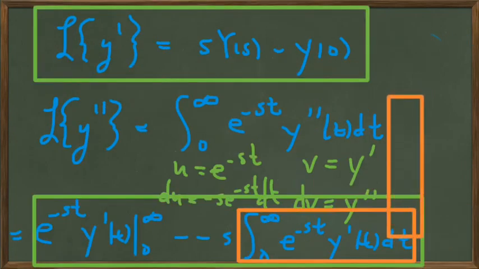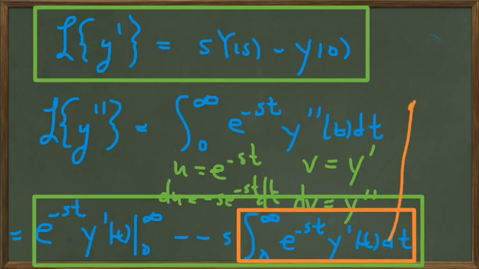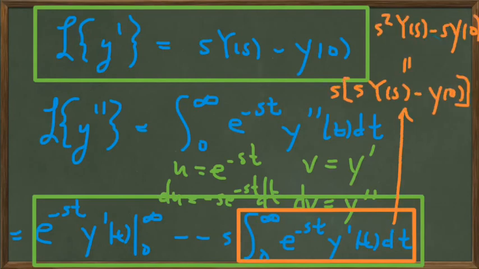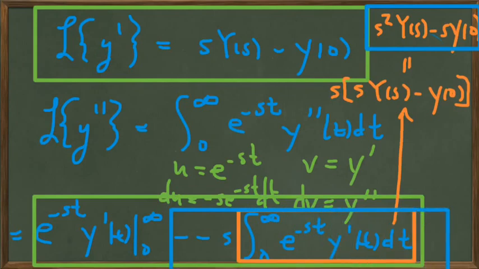So if we use that information and take the s that we have out front and multiply it by what we had before, s y of s minus y of 0, then we get s squared y of s minus s times y of 0. And that is just for this part of our result.